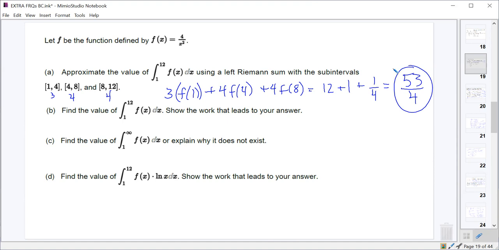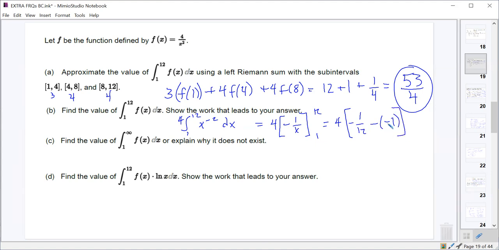Okay. Part B, find the value of the integral from 1 to 12. That should be easy. I'm going to put the 4 out in front because there's no reason to have it in there. The integral of 1 over x squared, or x to the negative 2, is just negative 1 over x. So we've got 4 times negative 1 over x from 1 to 12, which ought to be 4 times negative 1/12 minus negative 1.